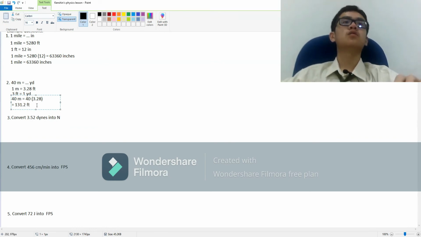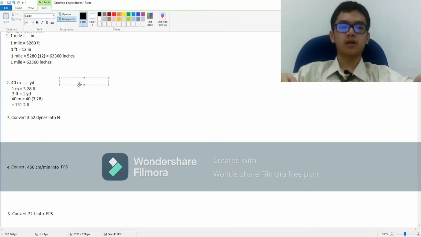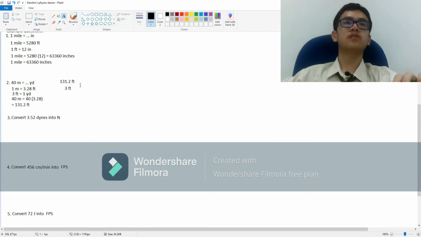Now, there are 3 feet in 1 yard. So if we want to get this in yards, we can just divide this by 3 feet.